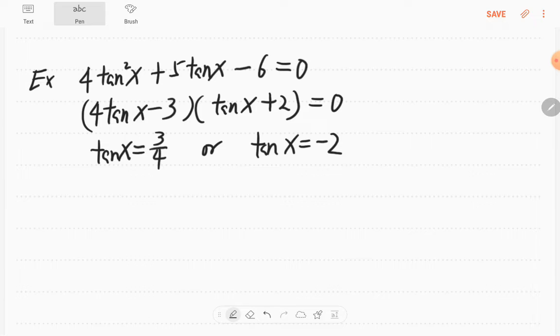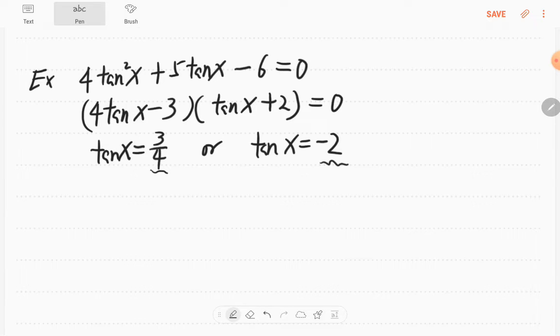Okay, so here, if we want, we can find one angle. For the tangent, we just need to find one angle, then add a multiple of its period pi, right, to get the general solution. But these are not special numbers, right? However, we have learned inverse trig functions, right?